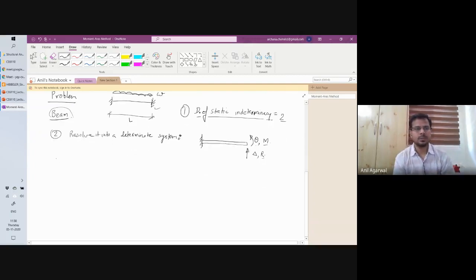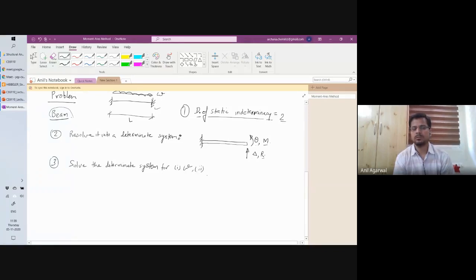The third step is to solve the determinate system for the external load. I'll call it W. But when I say W, you mean that it's an external load.